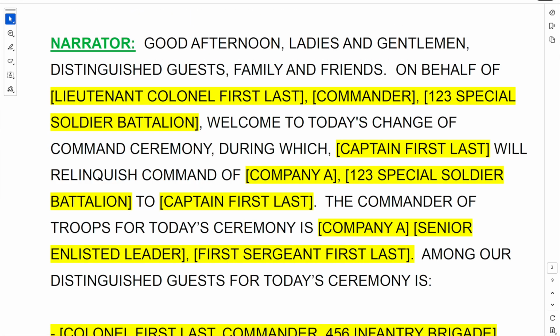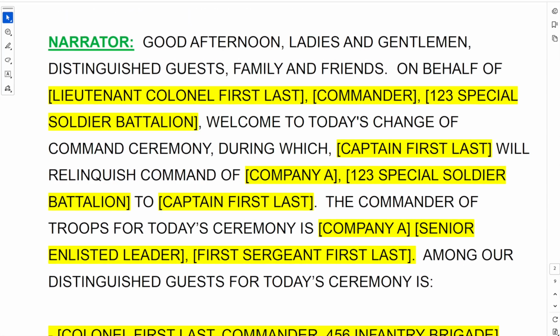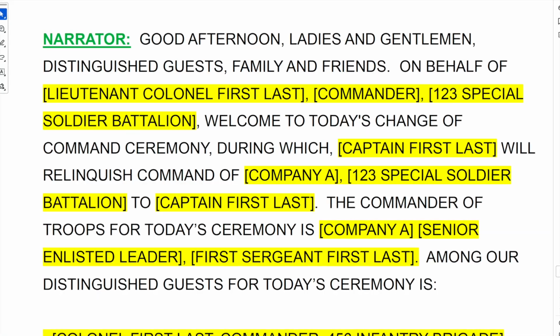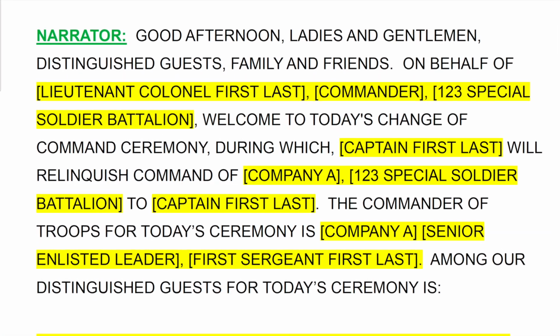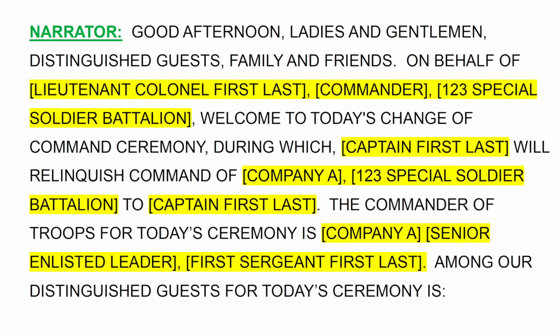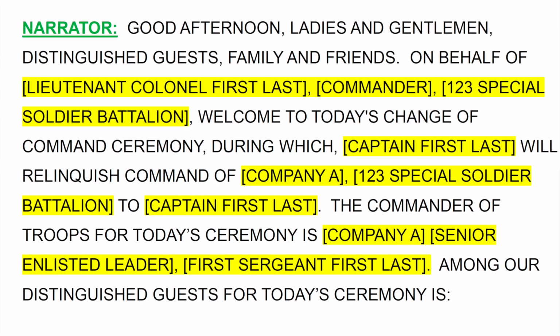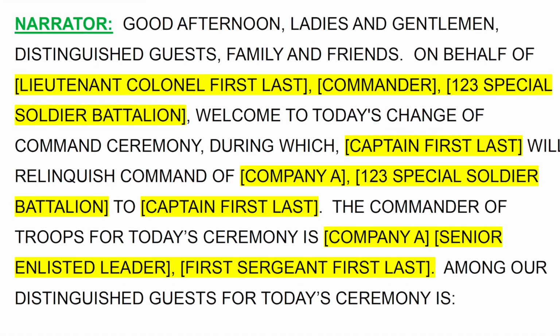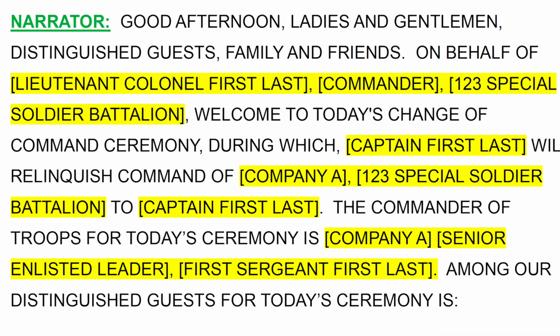Now you notice that on the script, I have Lieutenant Colonel spelled out fully. Within the script, the areas you read, do not abbreviate words unless you're going to read them as the abbreviation. If you're going to say IBCT instead of Infantry Brigade Combat Team, the first time, spell it out, Infantry Brigade Combat Team.